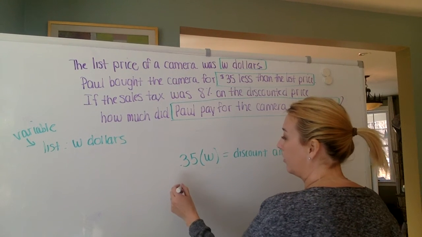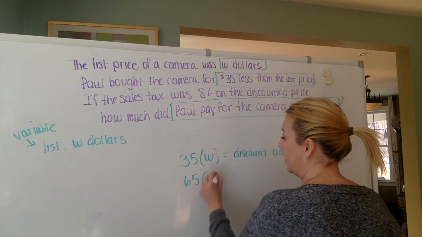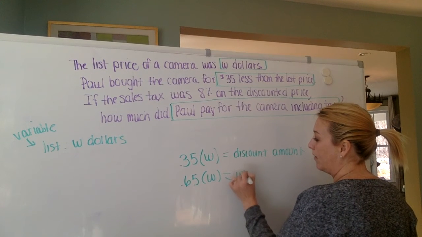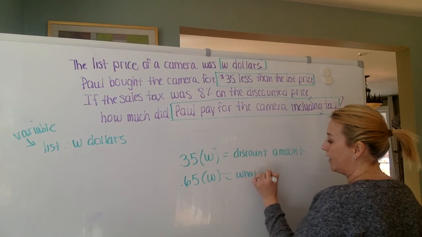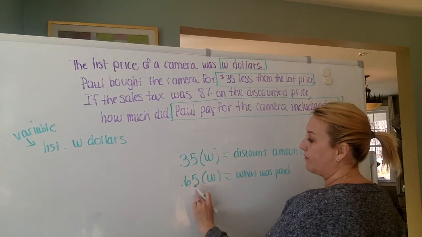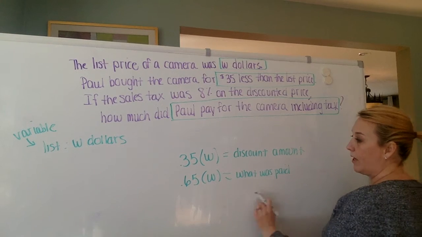The other way to look at that is if I multiplied 65 by W, and that would actually be what was paid, because they only paid 65% of it because it was a 35% discount. So that would be the actual what was paid.